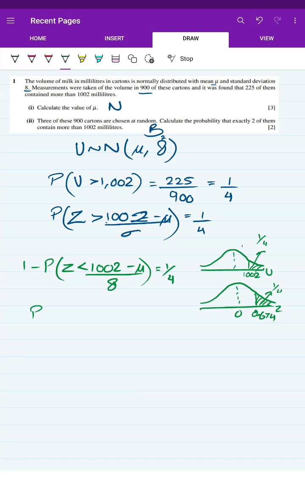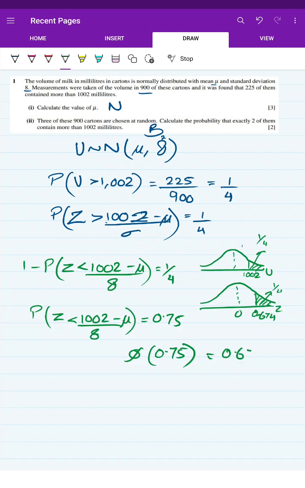So this becomes probability of z less than (1002 minus mu) over 8 is equal to 0.75, or phi inverse of 0.75, which is 0.674, is equal to (1002 minus mu) over 8.